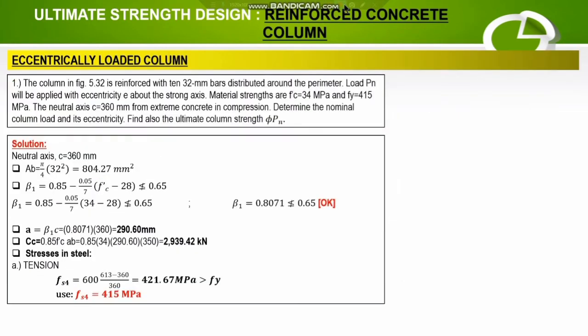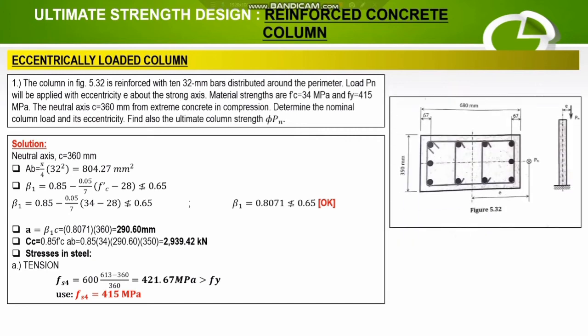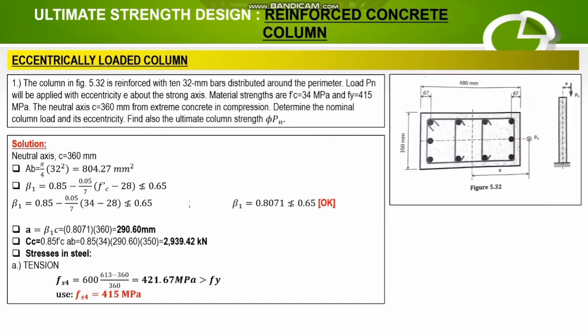Alright, so we will solve our last problem for topic 7, columns. This problem is under eccentrically loaded column. Problem number 1: the column in figure 5.32 is reinforced with 10 32 mm bars distributed around the perimeter. Load Pn will be applied with eccentricity e about the strong axis or x-axis.